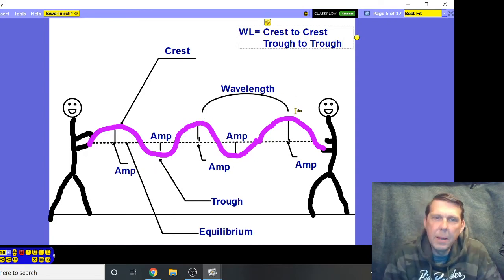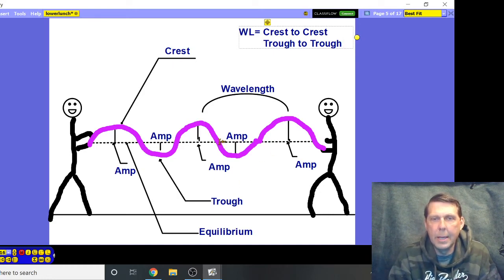The other place I can measure a wavelength is where it crosses the equilibrium. I can pick two spots on the equilibrium where the wave crosses it, so I can go from here to here.